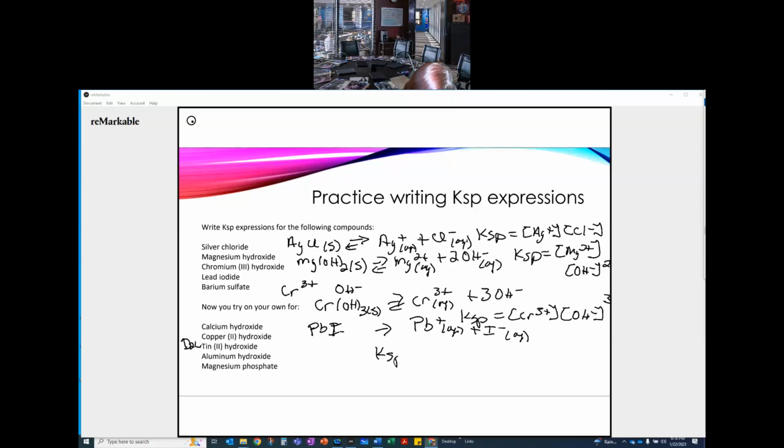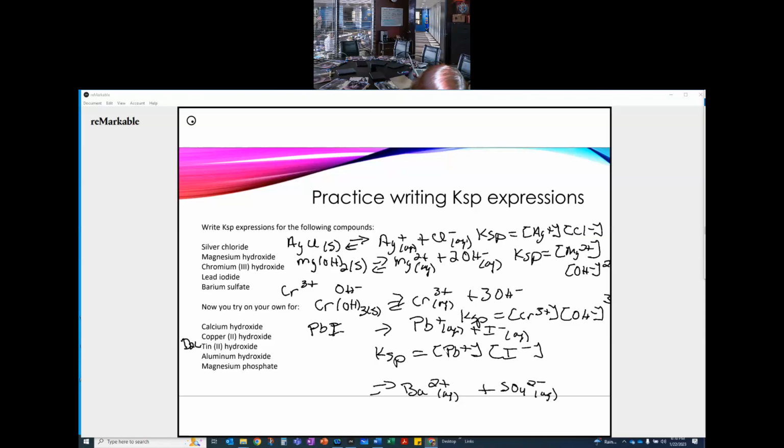Ksp in that case would then be the Pb+ times the I-. Okay, and let's talk about barium sulfate. So barium sulfate, awesome. Now, barium is a 2+, and sulfate is a 2-.